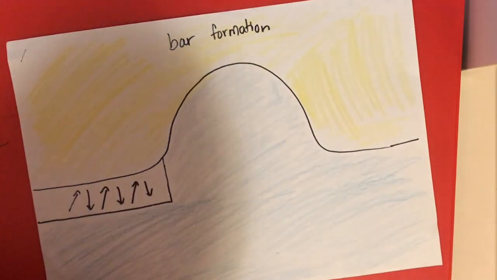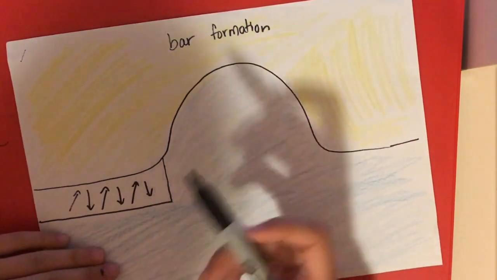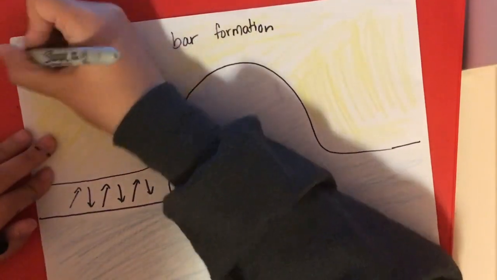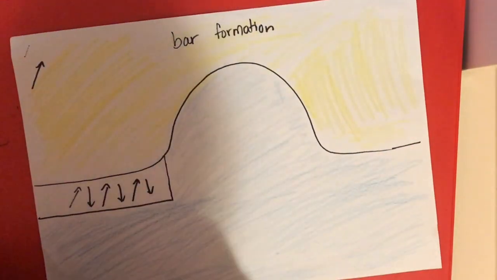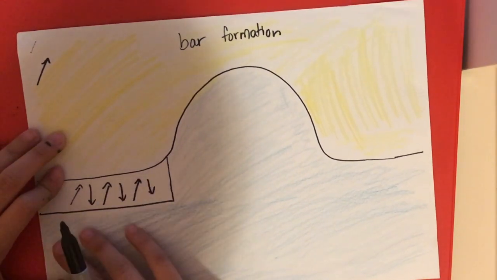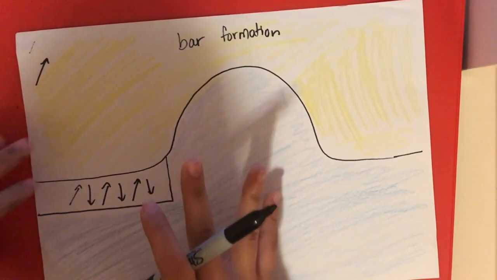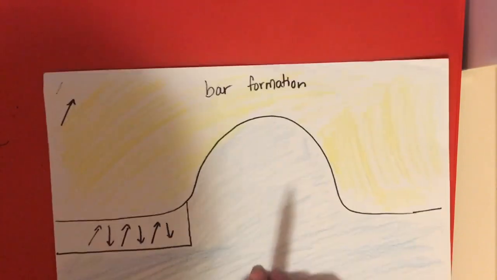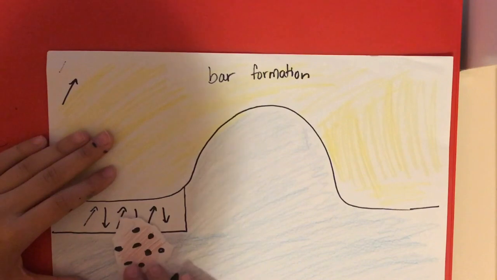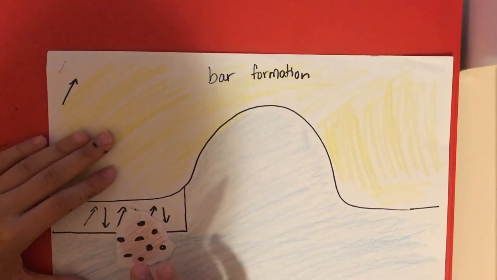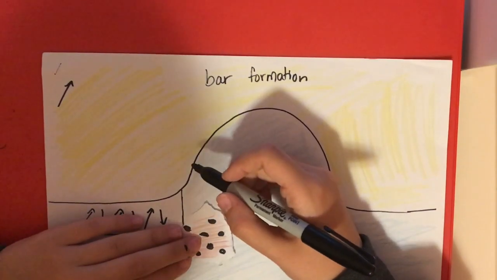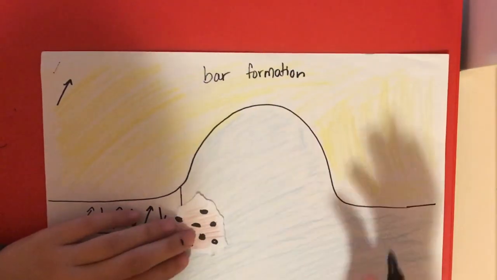Okay, so now we will be discussing bar formation. As aforementioned, longshore drift is the process involving waves approaching a beach at the direction of the prevailing wind, which in this case is this. We can also recall that the swash carries the sediment up the beach, whereas the backwash carries it directly down. So what occurs is that the longshore drift takes the shingle and sand down the coast, which forms a spit.